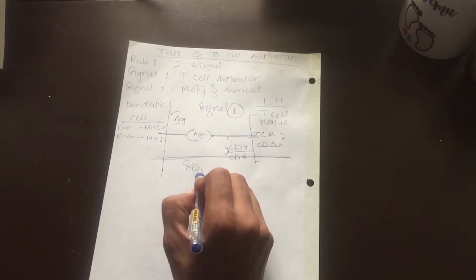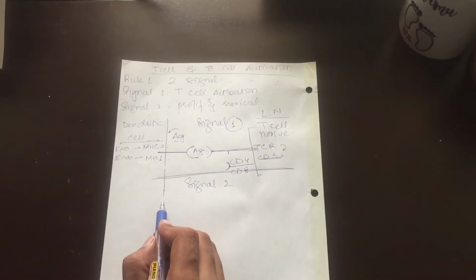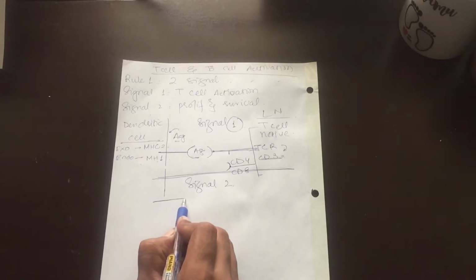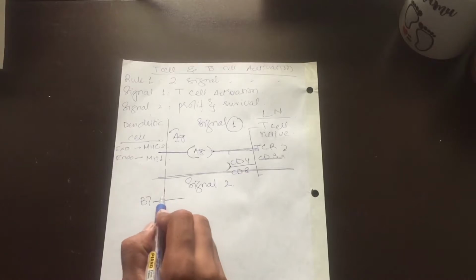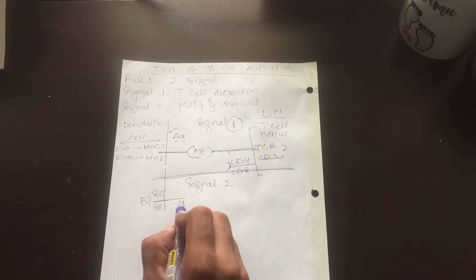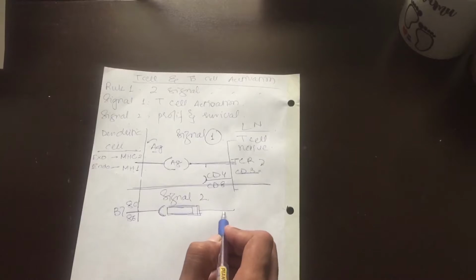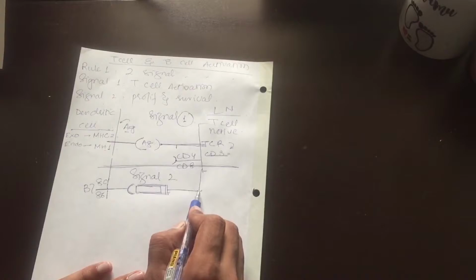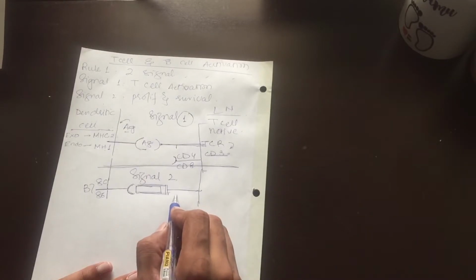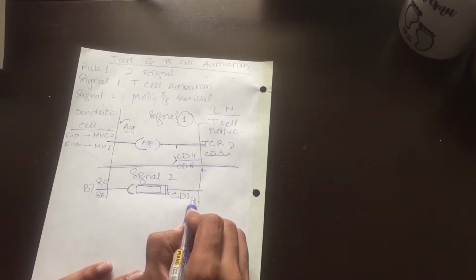Now signal 2: the dendritic cell expresses another receptor known as B7, or CD80 or CD86, and the T cell has a receptor known as CD28.